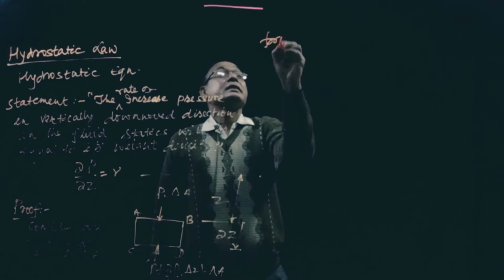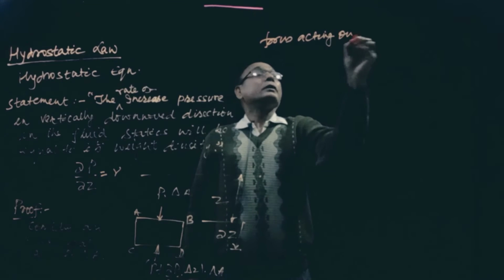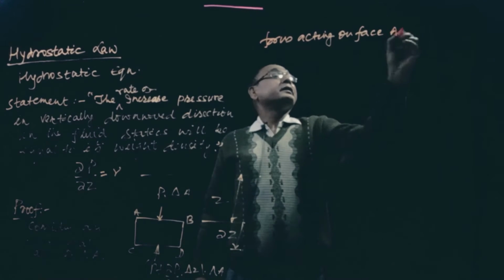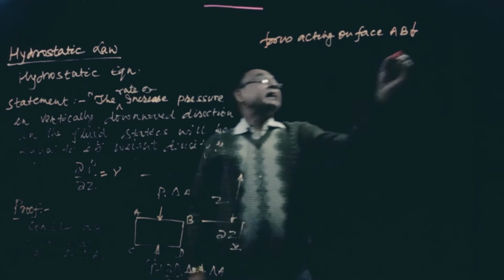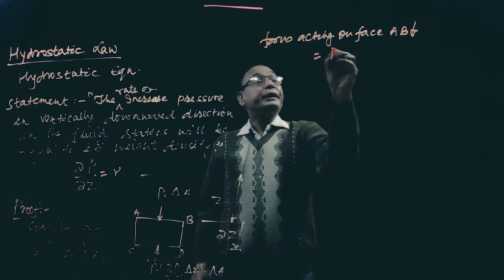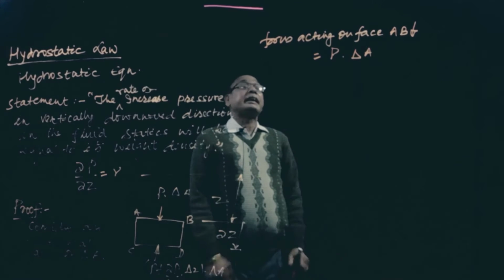Now see here, the force acting on face AB in the downward direction will be P into delta A, since pressure into area is force.